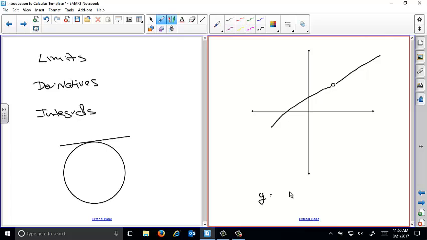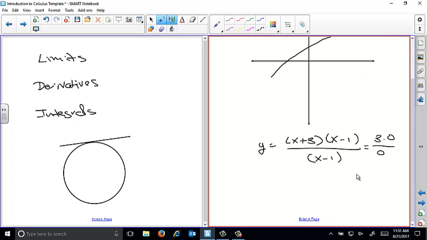If you had y equals (x plus 3) times (x minus 1) divided by (x minus 1), this function is indeterminate when x equals 1, because you'd end up with 0 divided by 0, which is called indeterminate.